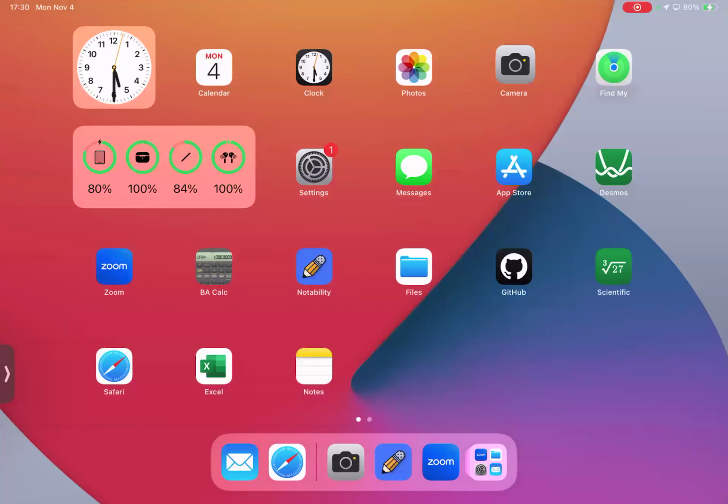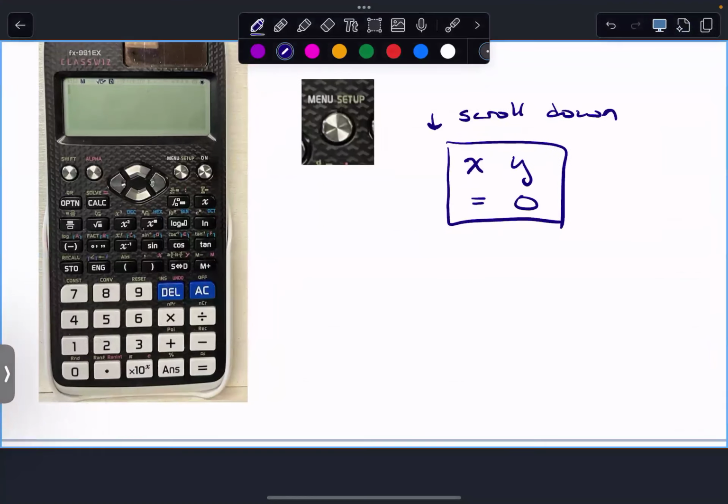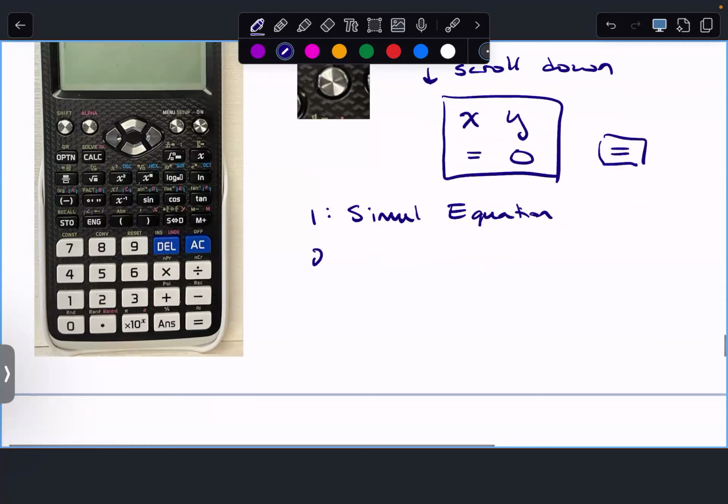Wowee. Okay, that is kind of tricky. Try to summarize that here. Hit that button, and then hit the equals button. Mine says 1, simul equation, or 2, polynomial.